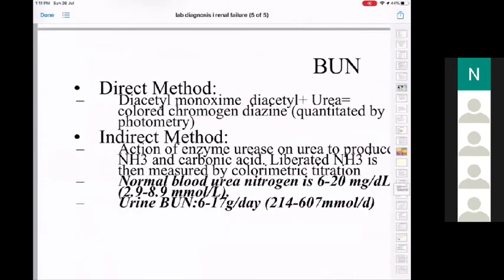In the direct method, diacetyl monoxime plus urea causes the colored chromogen diazine. In the indirect method, the enzyme urease acts on urea to produce ammonia and carbonic acid, and the liberated ammonia is then measured by colorimetric titration. Normal blood urea nitrogen is 6 to 20 milligram per dl, and urine urea nitrogen is 6 to 17 gram per day.